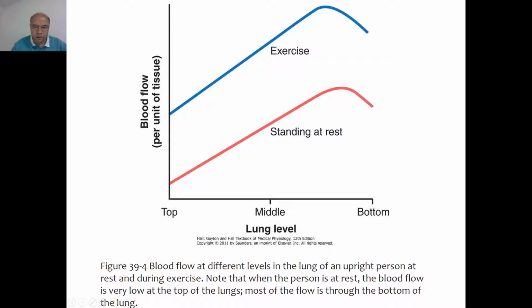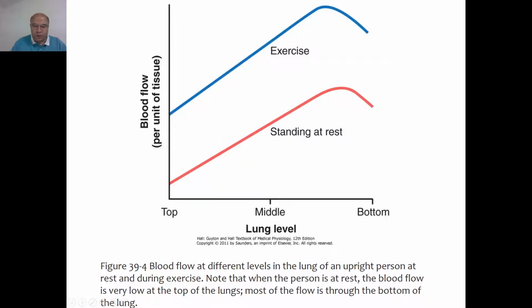As you see, in standing at rest, the highest amount of blood flow is present in the bottom, a moderate amount in the middle of the lung, and then the lowest amount of blood flow is on top, in the apex part of the lungs.